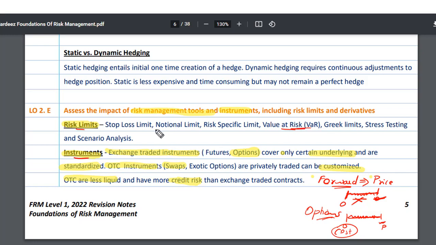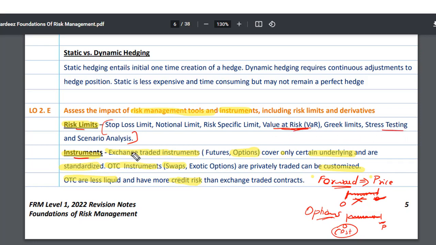I can use these different risk limits, but I also have to understand that the disadvantage of value at risk is that it doesn't tell me how bad the losses can be on a particular day.